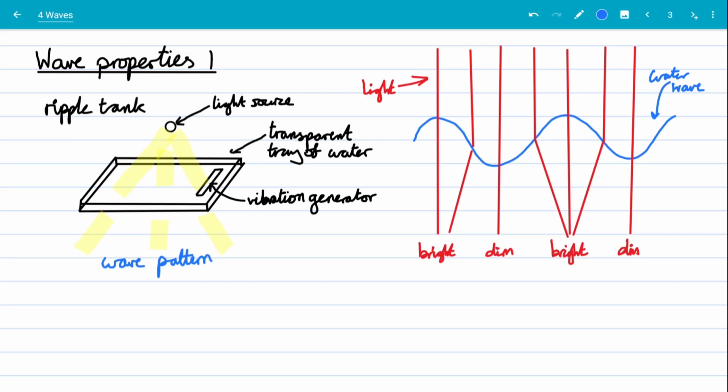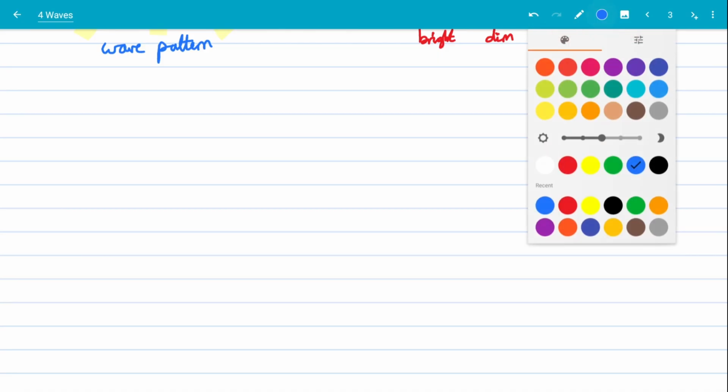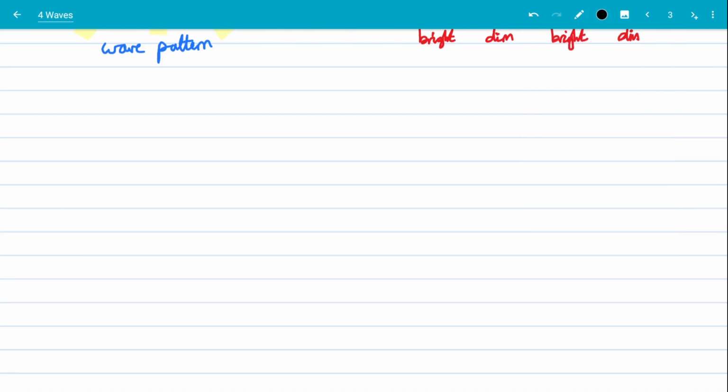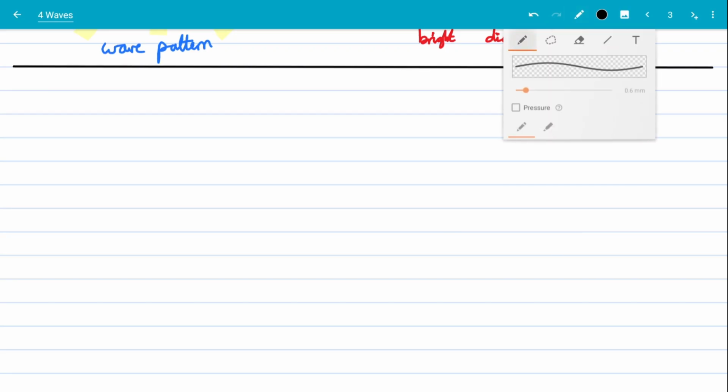And why would you want to do this? Well, because it's going to allow us to see some of the properties of what waves do. What makes waves special, what makes waves unique, is that they can interfere. And that's basically it.